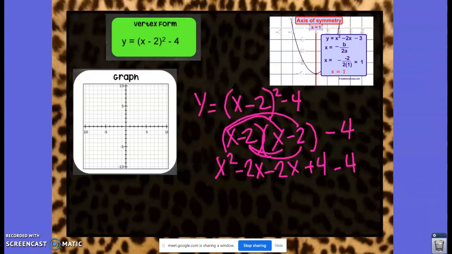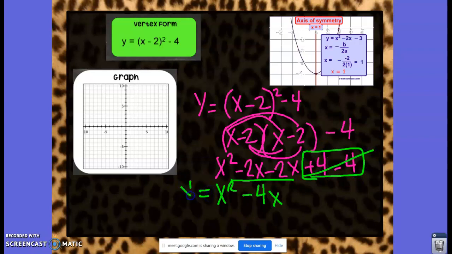Whew, I pressed the wrong button. In this, the like terms are the negative 2x and negative 2x. So that's going to leave us with x squared minus 4x. And then positive 4 and negative 4 are actually going to create a zero pair. So our standard form of this equation is y equals x squared minus 4x.